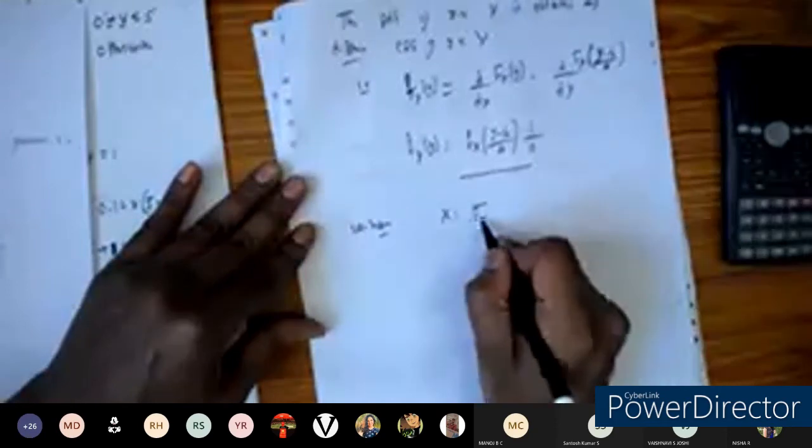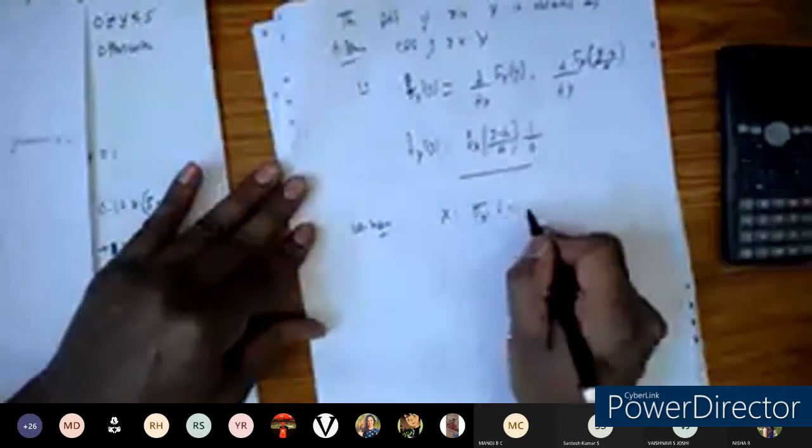The random variable x we are going to express in terms of the mean: x is equal to sigma x into z plus mu x. This problem we have already seen in some previous classes.